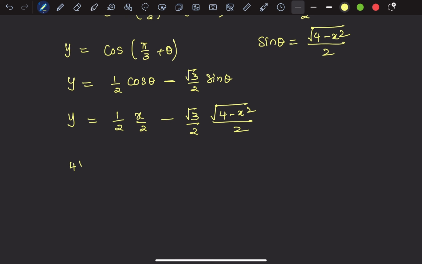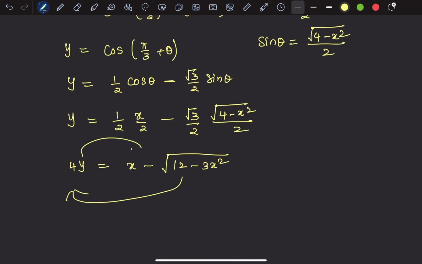So now you get 4y is equals to x minus square root of 12 minus 3x square. Alright. So bring this to this side and send that to that side. So you'll get x minus 4y is equals to square root of 12 minus 3x square.